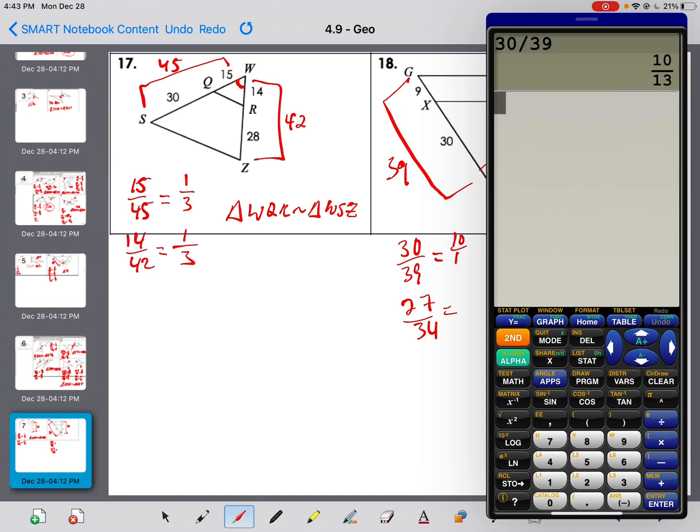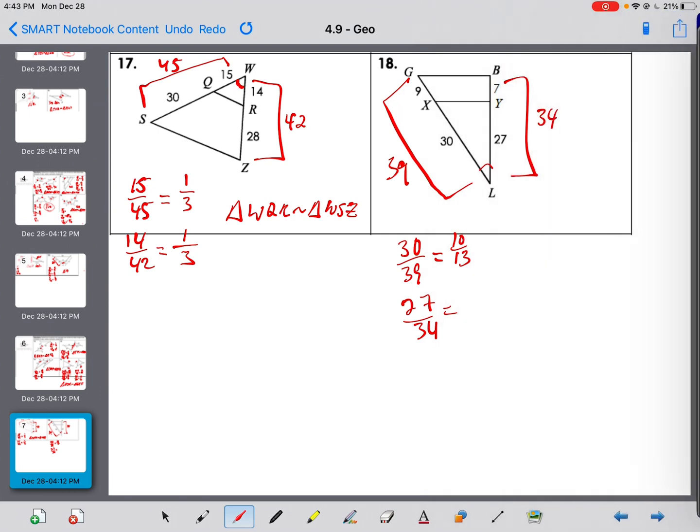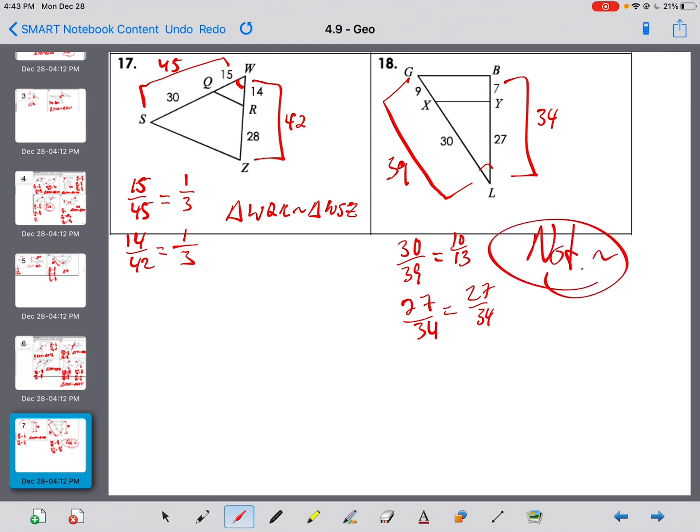Let's try it. 30 divided by 39 is 10/13. And 27 divided by 34 is 27/34. And so these are not similar. Don't equal.